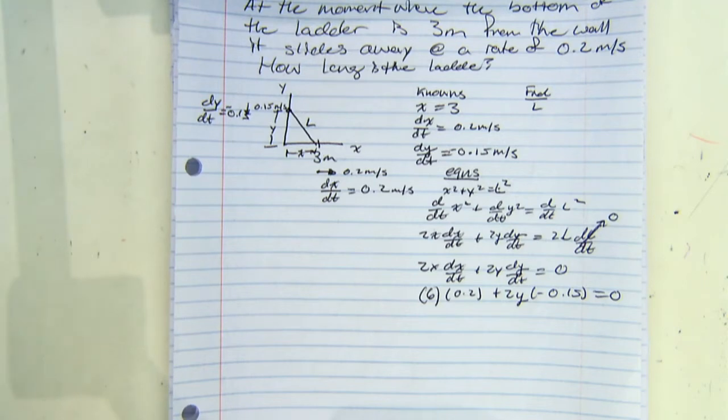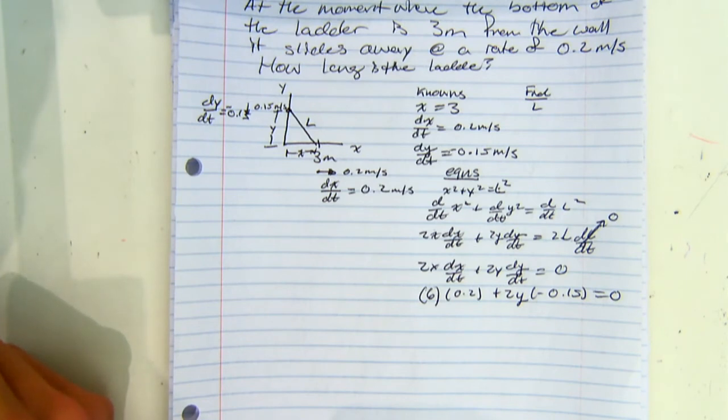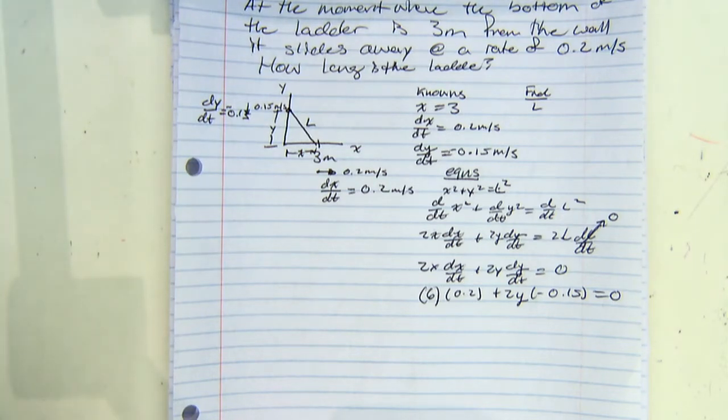What section is this? 3.4. That's 3.9. Ah, there it is. One second, double checking everything. Oh yeah, we could just solve for L right there.